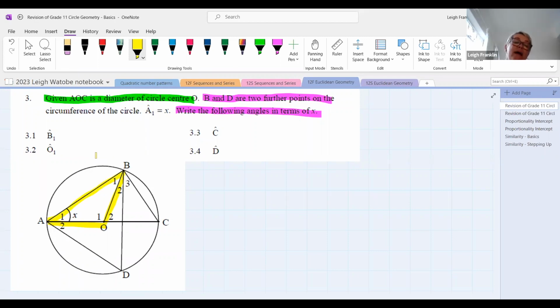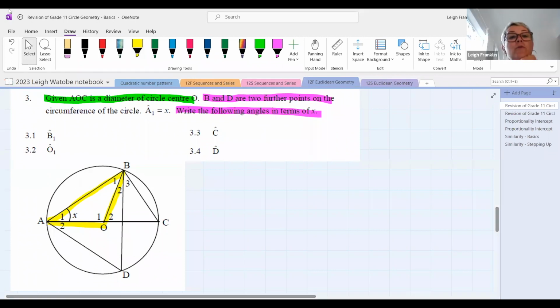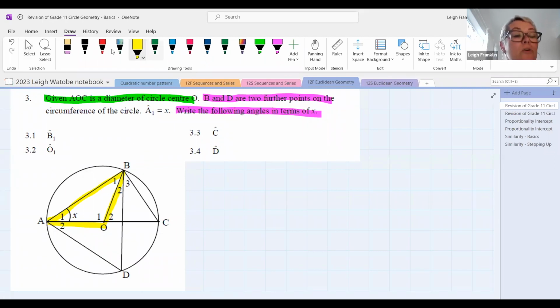What can I say about angle B1? Because OA and OB are radii, this line segment and that line segment are equal, so what can I say about B1? Absolutely, B1 equals A1, quite right, William. It's equal to X. Fantastic.